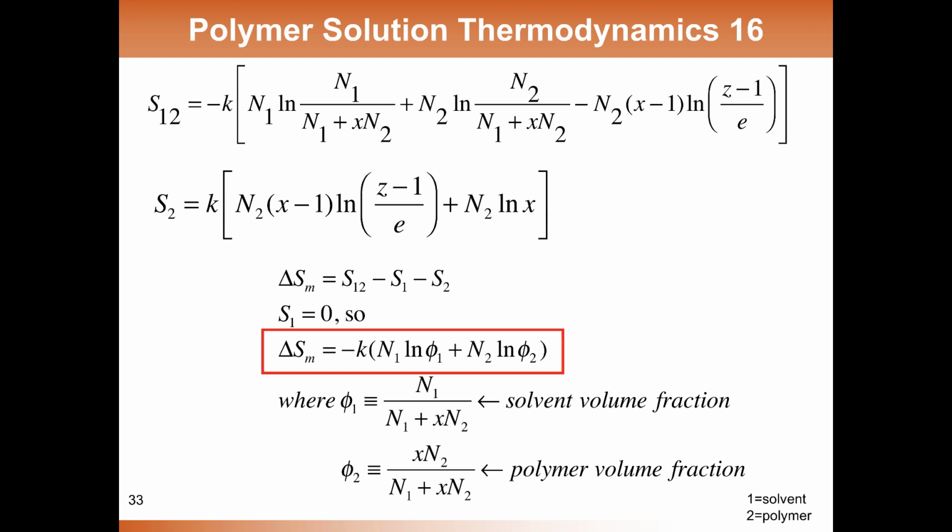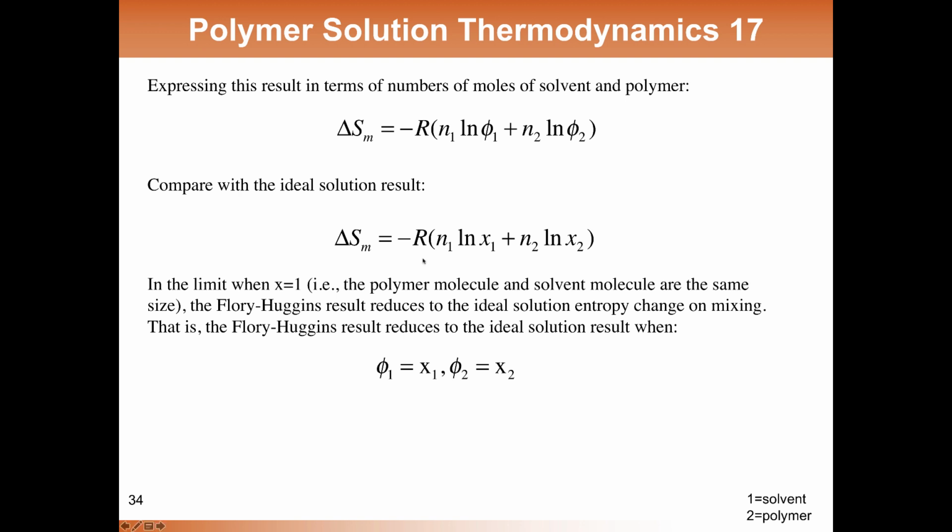So the difference between the ideal solution theory and the Flory-Huggins theory in terms of the entropy change on mixing is the inclusion of this term X that has fallen out of Flory's analysis, and it converts what would be mole fractions in ideal solution thermodynamics to volume fractions, and that turns out to be all the difference in terms of calculating thermodynamic properties of polymer solutions.